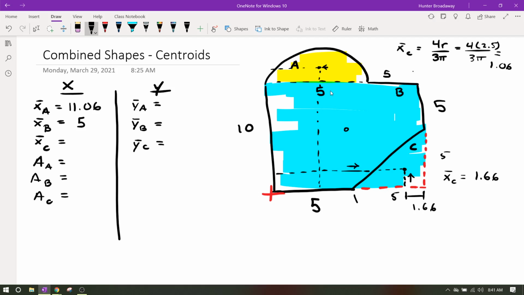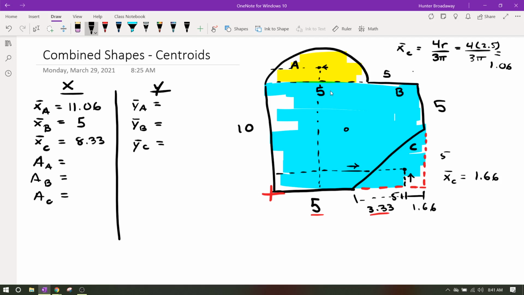That means this side over here is what? 3.33. Okay, so if we add the 5 and the 3.33 to get that total distance across, that total distance is going to be 8.33. I agree.